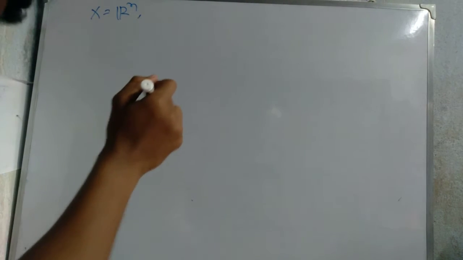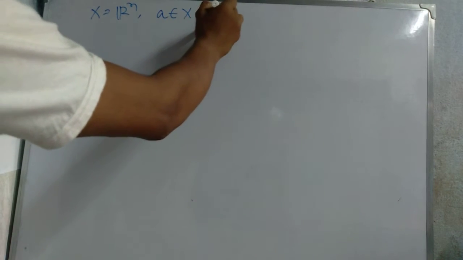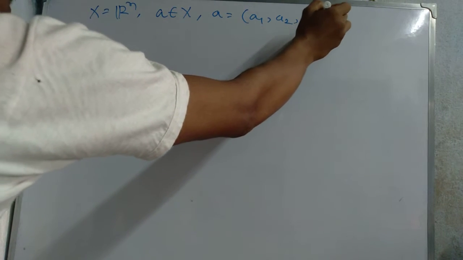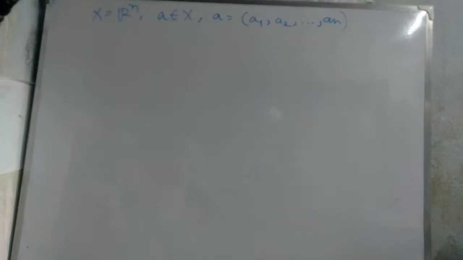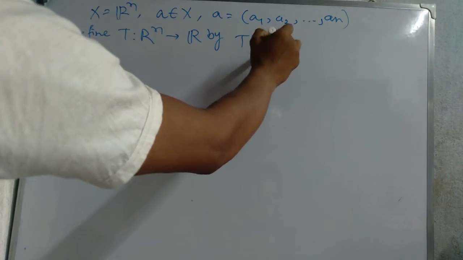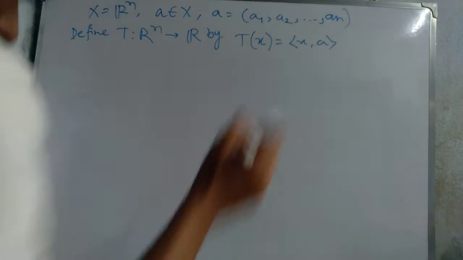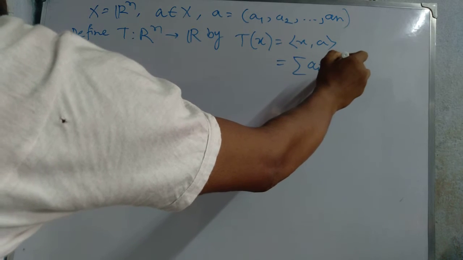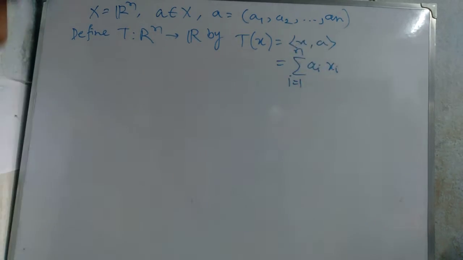Let X equal Rn, and A belong to X, A equal to (a1, a2, ..., an). Then define T from Rn to R by Tx equal to the inner product of x and a, which equals the summation of ai xi, i equal to 1 to n.